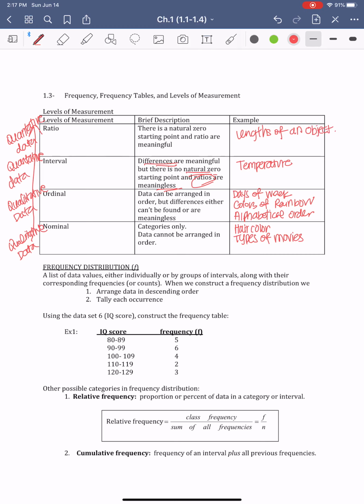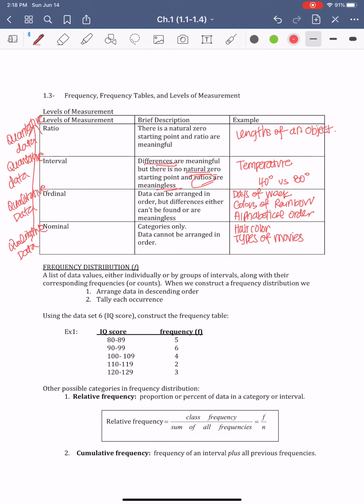Temperature. Let's say today's temperature is 70 degrees. Tomorrow it's 80 degrees. You can find the difference between the two: tomorrow will be 10 degrees higher than today. Whereas ratios, let me pick a number that is easier: 40 degrees versus 80 degrees.